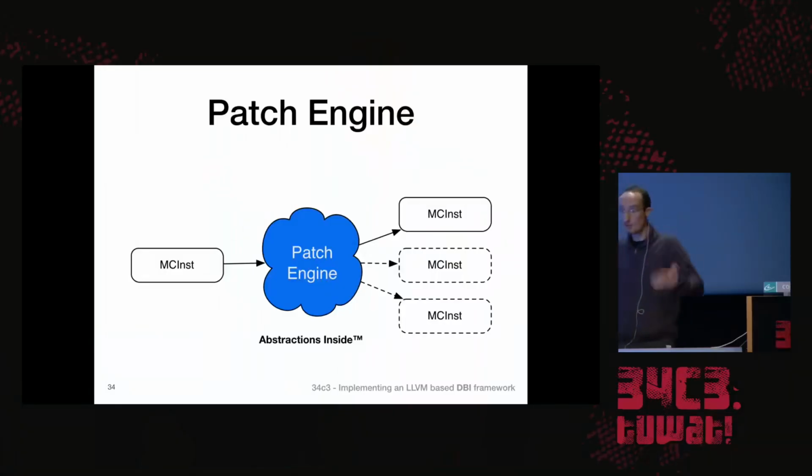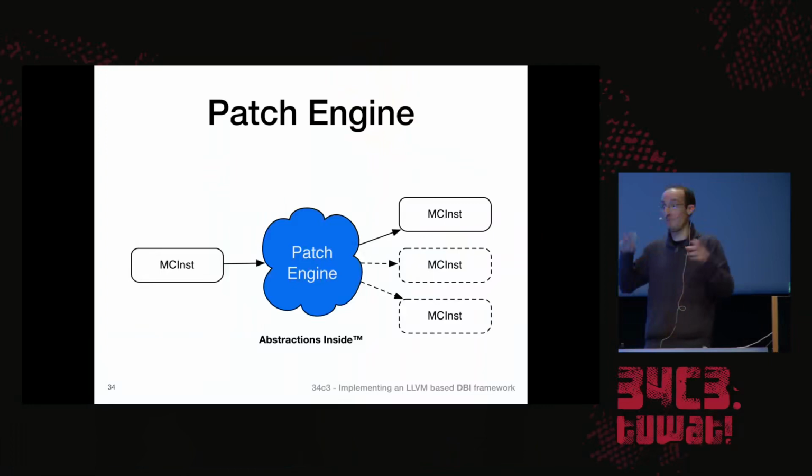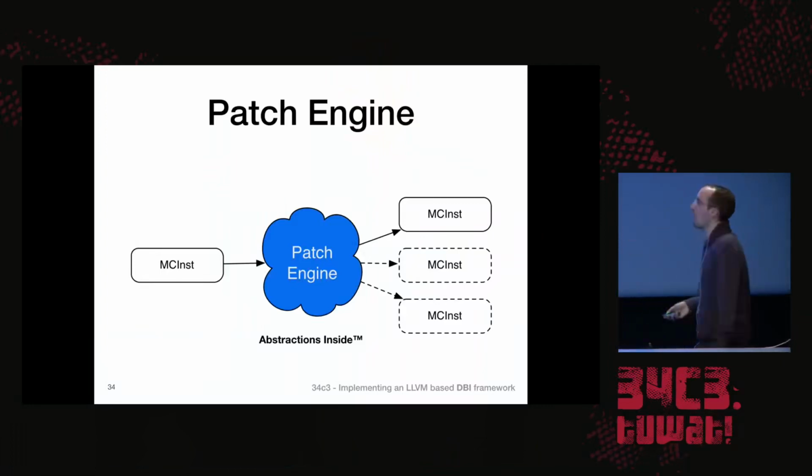And the idea here is to have a magical engine, which we can call the patch engine. It's its real name, in fact. And this engine will take one original instruction as input, apply our transformation on it using abstraction, and then output a list of one or more instructions.